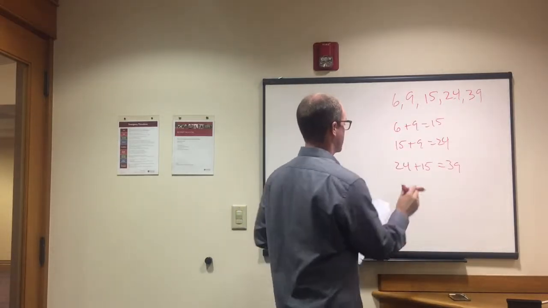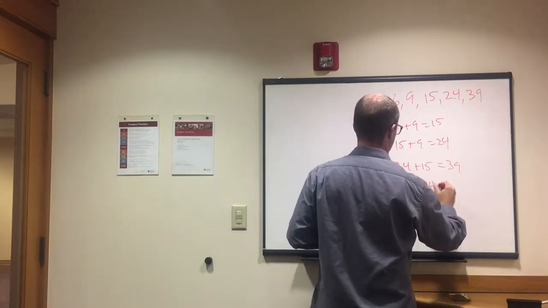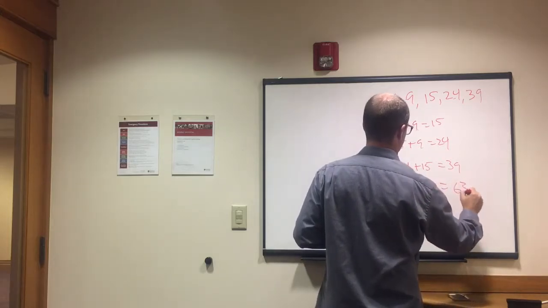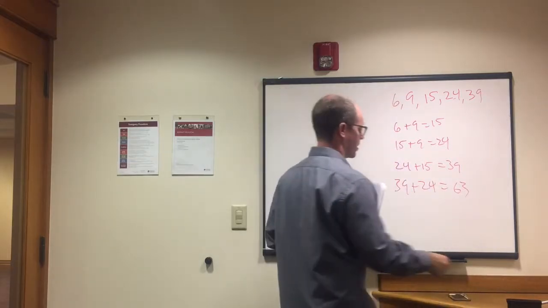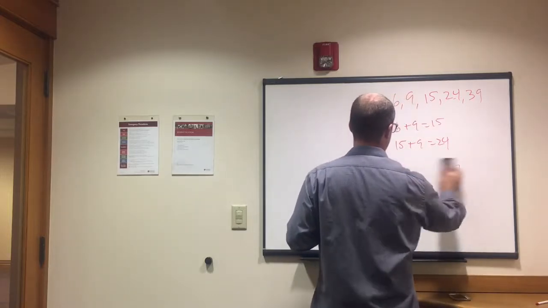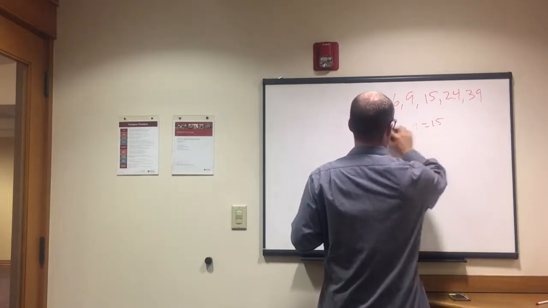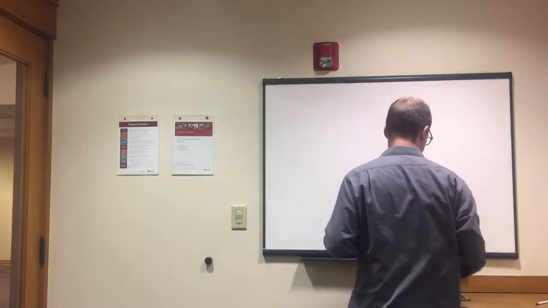Then it would be those last two added together, right? 39 plus 24 equals 63. Okay, that's that pattern. Adding the previous two numbers together. Really just getting familiar with these examples covers almost everything you could possibly see.